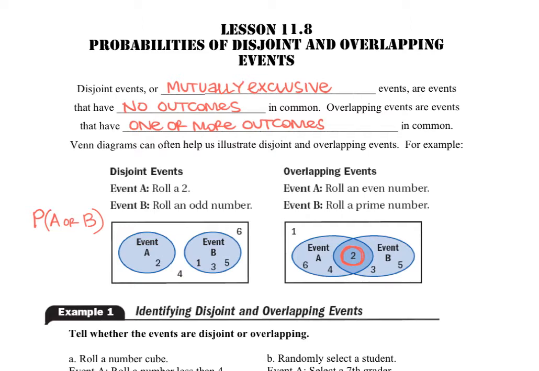And so therefore they're called overlapping because one of their outcomes, or there could be more, so 1 or more outcomes are in common. All right, so we're going to start by practicing telling whether an event is disjoint or overlapping, because that's the first step to solving these problems, is knowing if they have overlapping outcomes or not.